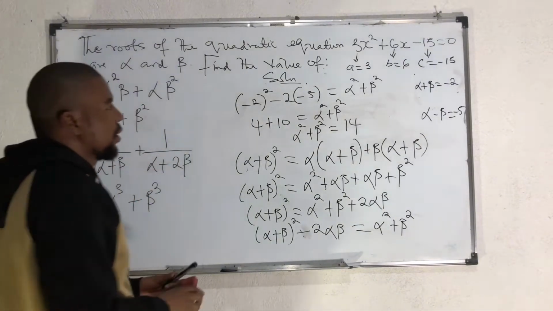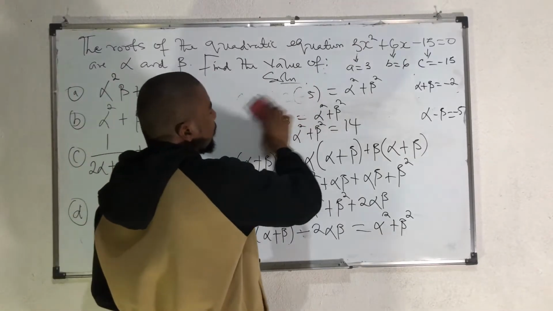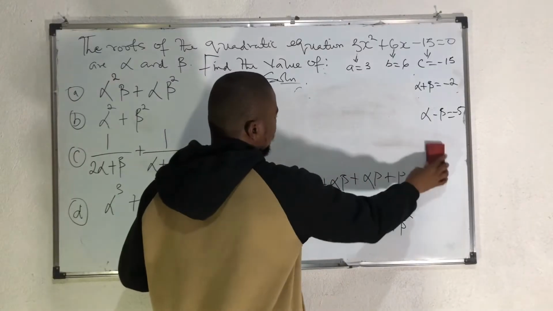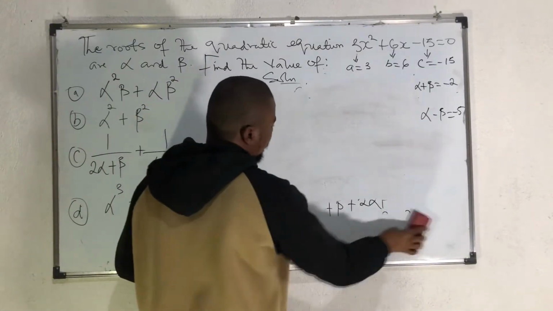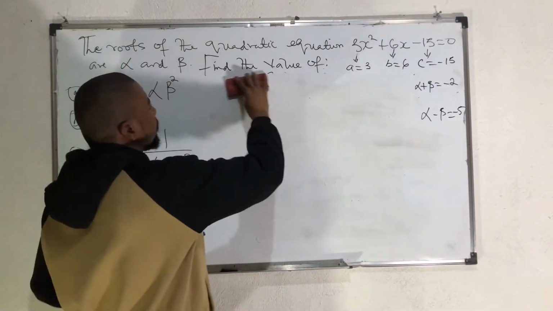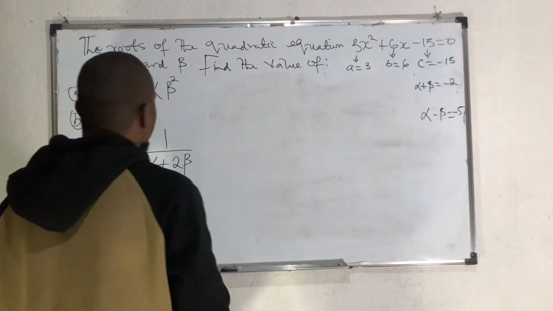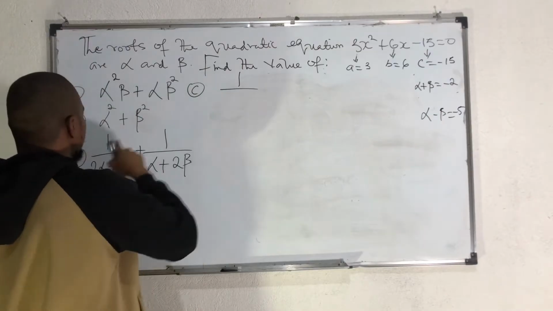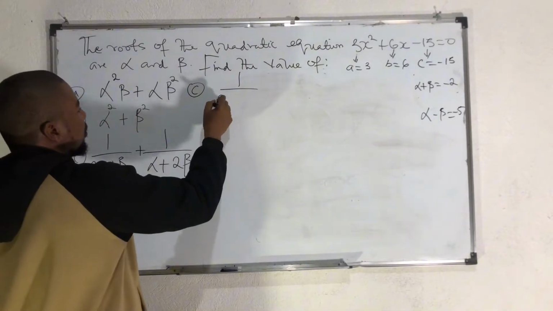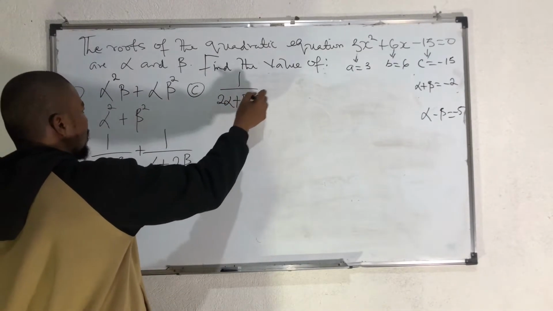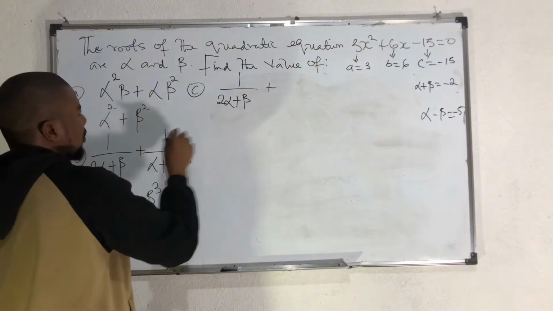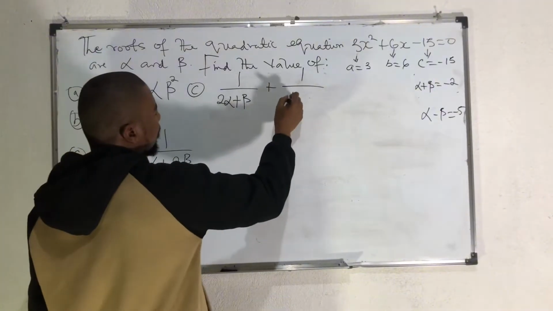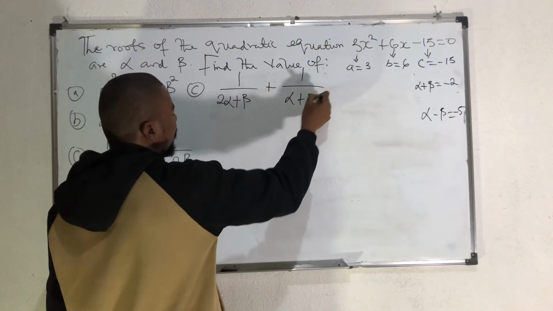Let's do that right here. Here we have our C question, which is 1 over 2 alpha plus beta plus 1 over alpha plus 2 beta.